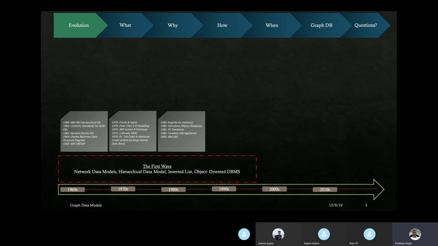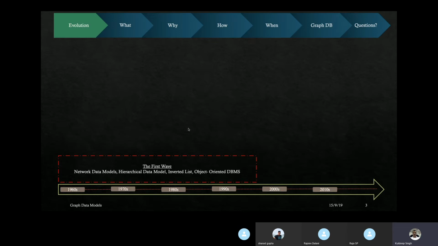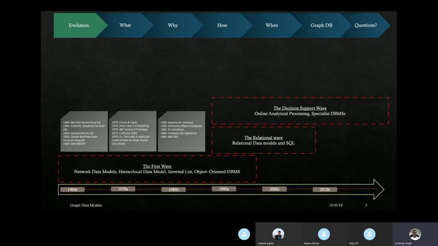The second wave started around 1990. So the second wave was called the relational wave, where relational databases and all the modeling techniques and all the querying techniques evolved and grew into a space where huge data quantities can be stored and processed, and a lot of things can be done there.